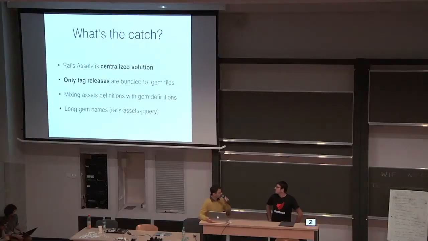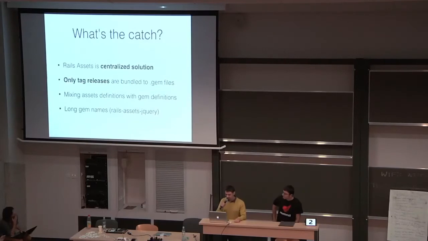So far so good, but Rails Assets has its own downsides. Most importantly, Rails Assets is a centralized solution. That means if our site goes down, you are unable to deploy your website. One solution is to host Rails Assets yourself, but that's not the perfect solution. The other flaw of Rails Assets is that we are only able to build tagged releases.